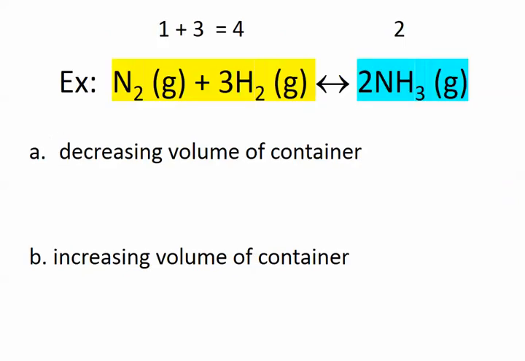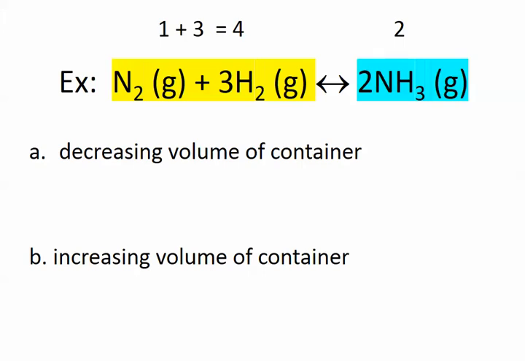Let's take a look at an example here. We have nitrogen gas. We have our same reaction here. The first thing we want to do is decrease the volume of the container. On the reactant side, we have 4 particles: 1 nitrogen and 3 hydrogens. On the product side, we only have 2 particles.